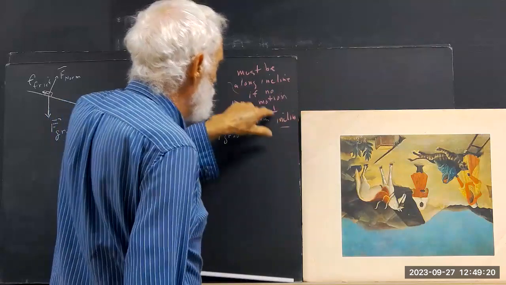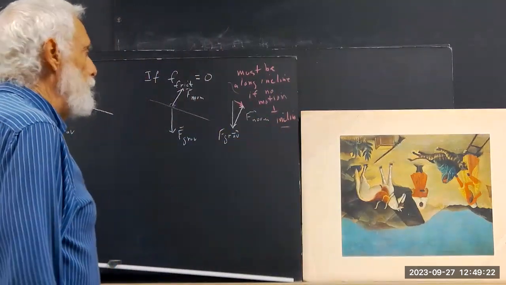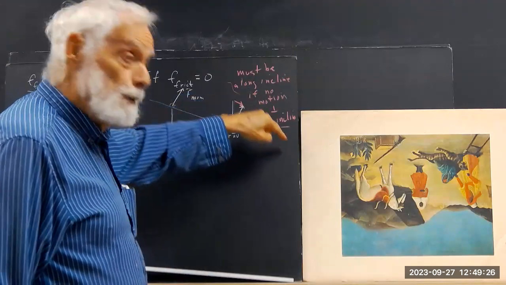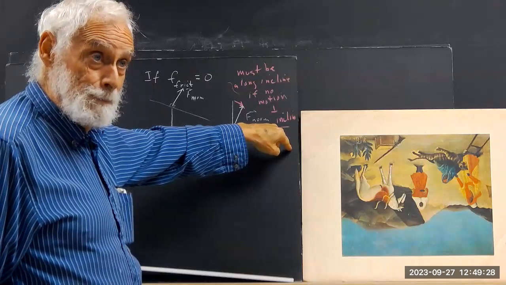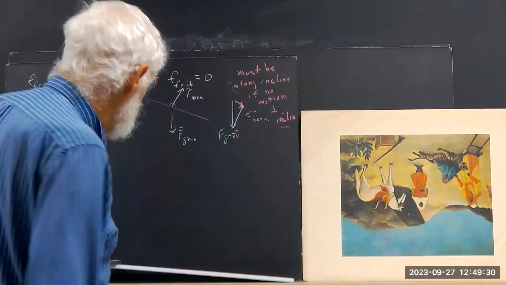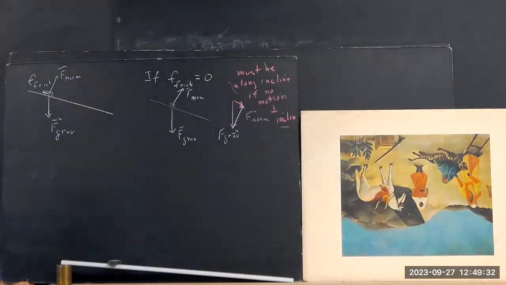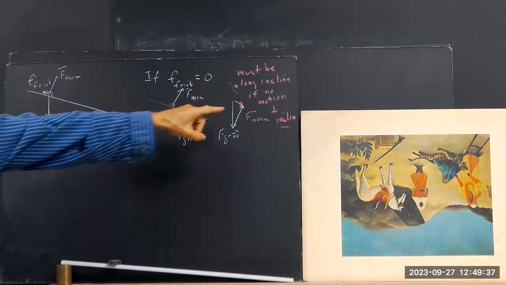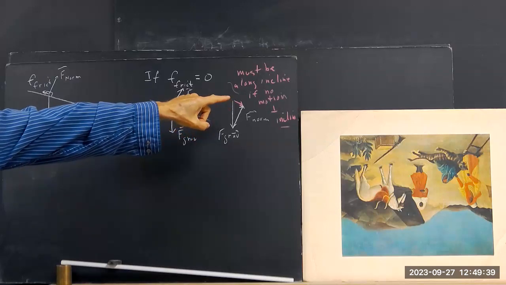I'll say if there's no motion perpendicular to the incline, because that's the case here. More generally, I'd say no acceleration perpendicular to the incline. Okay. So if this frictional force is too low, that's going to happen.